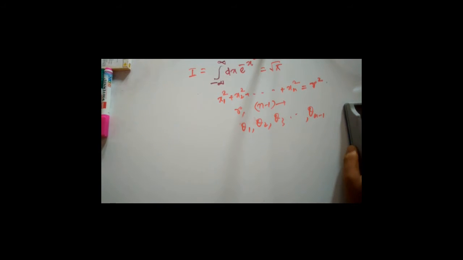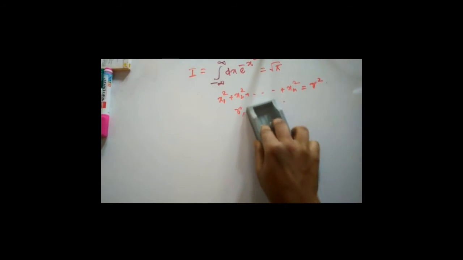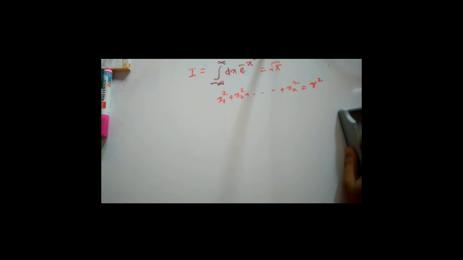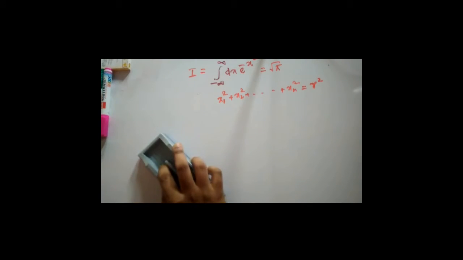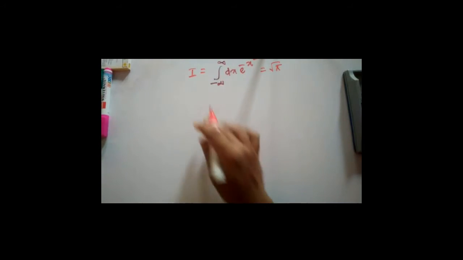The visualization may be a little bit difficult, or to draw it on a whiteboard it will be difficult, but this is the abstract thing which we can extend to n-dimensional coordinate systems and express in that way, okay? So all that information is there, and we can use it.